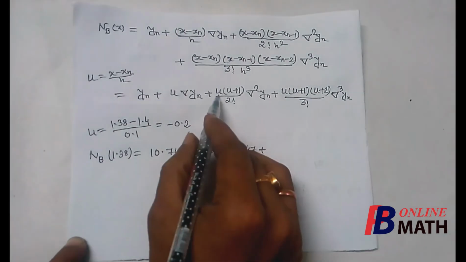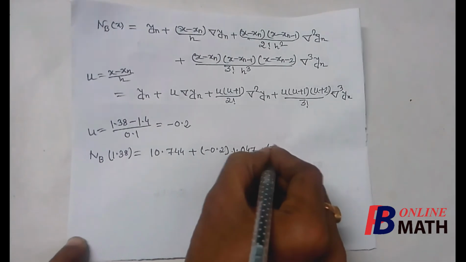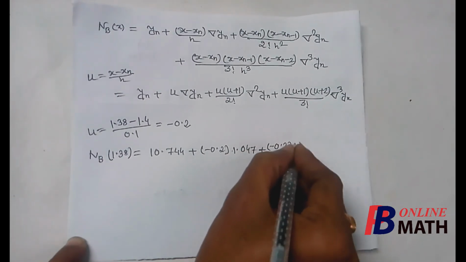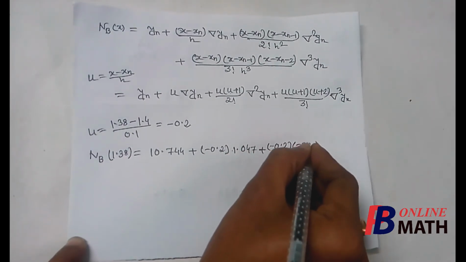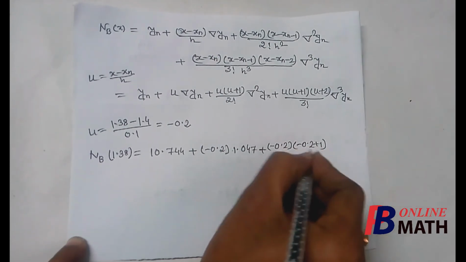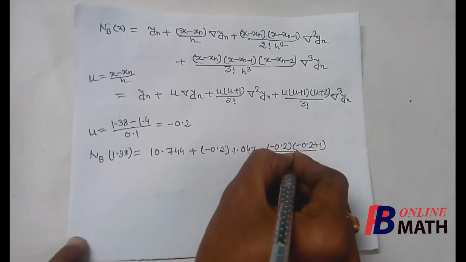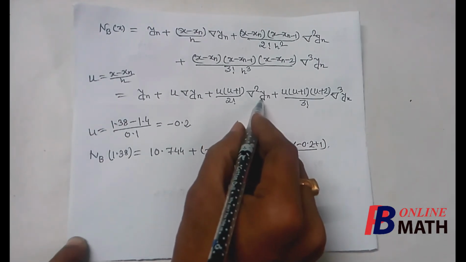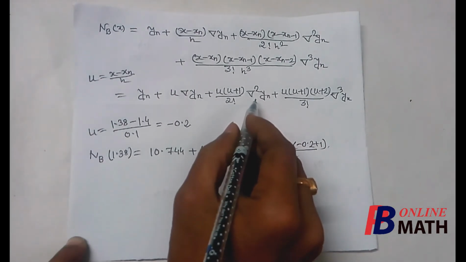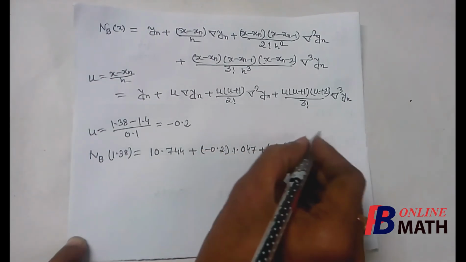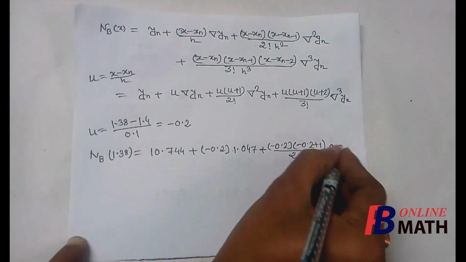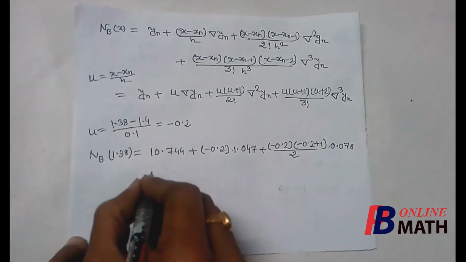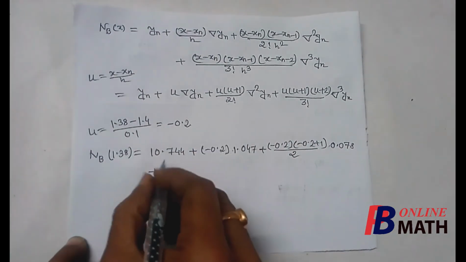Next, plus u into u plus 1, where u equals minus 0.2, so minus 0.2 into minus 0.2 plus 1, divided by 2 factorial, which is 2, multiplied by the second order backward difference of yn. The value of the second order backward difference of yn is 0.078.